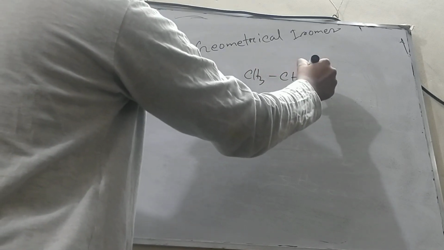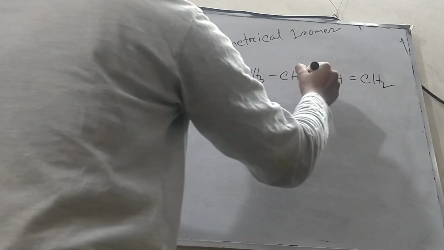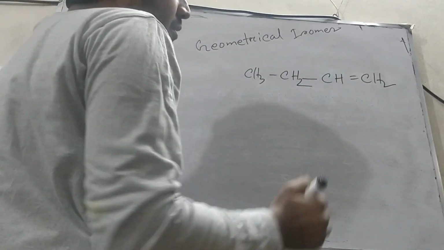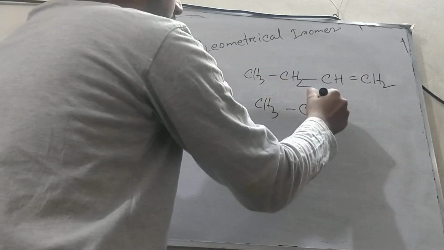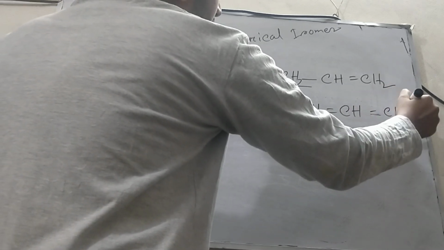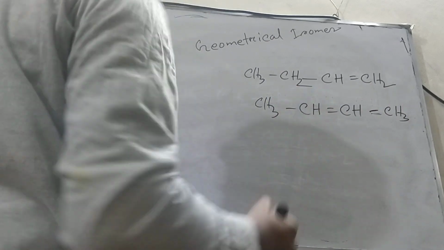CH3, CH, CH, CH2, and it's called butene 1, and CH3, CH, CH3 and CH3.